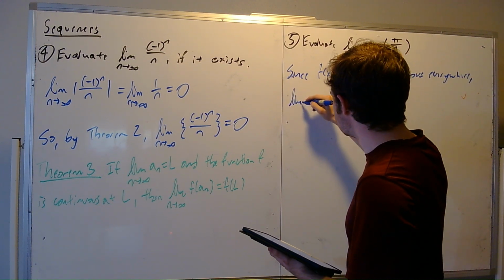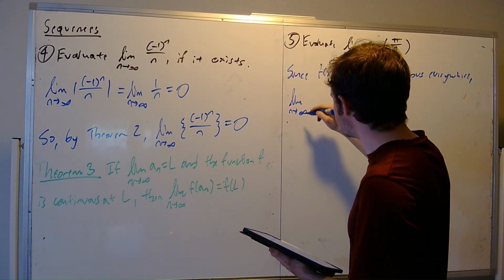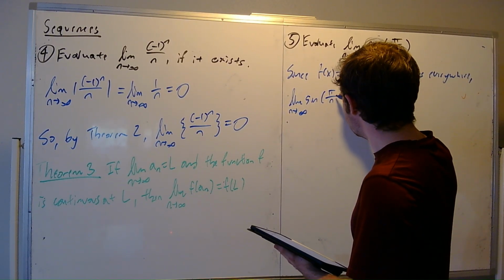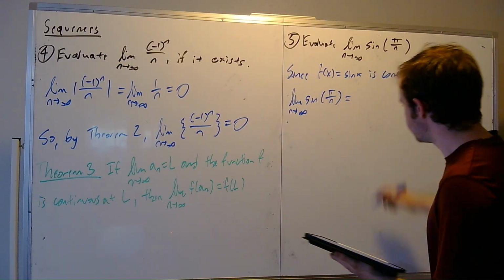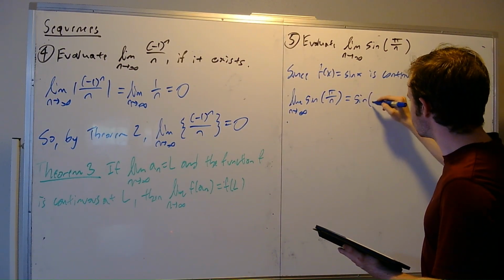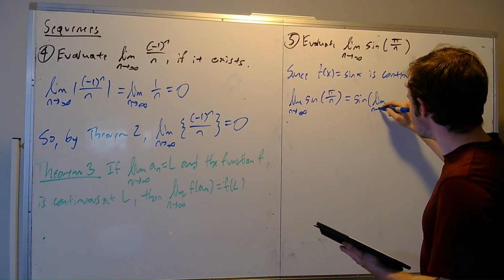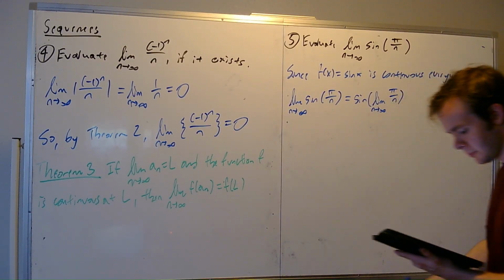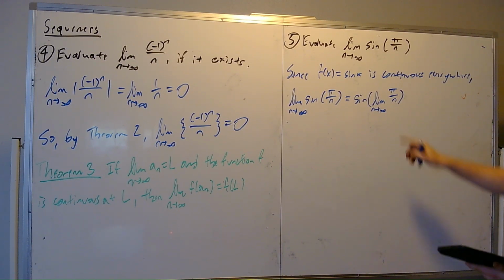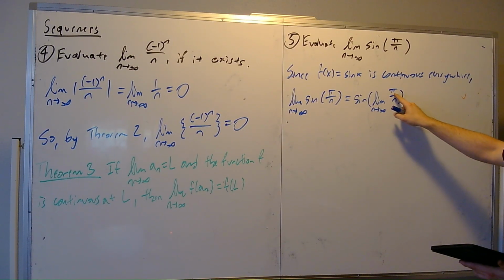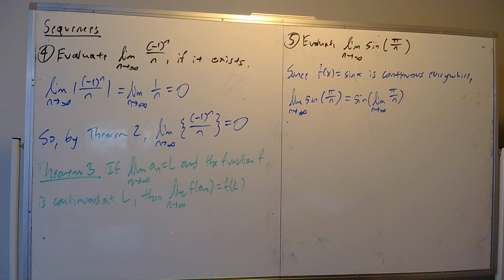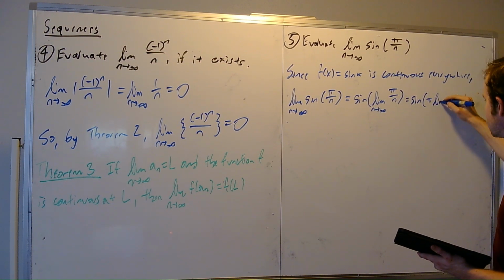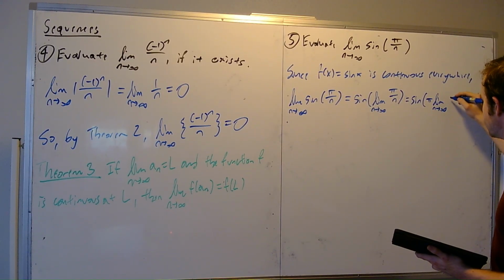the limit as n goes to infinity of sine of pi over n is going to be equal to, if I just pull the limit on the inside, sine of the limit as n goes to infinity of pi over n. Okay. So now we can actually just take the limit of the inside, and notice pi over n, we can just factor out a pi. So this is sine of pi times the limit as n goes to infinity of 1 over n.